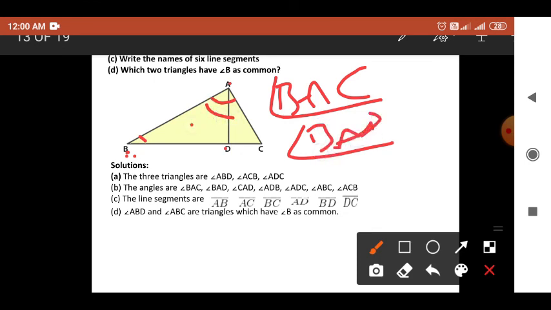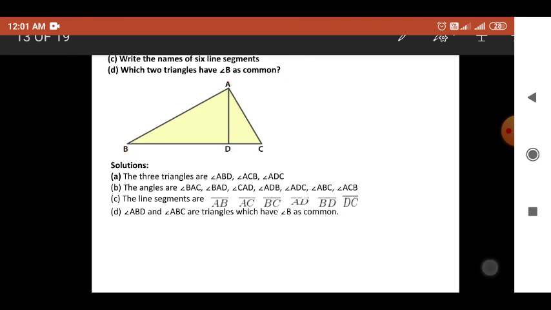If you take only triangle ADB, then BAD is one angle. And CAD is another angle. ADB, ADC, ABC and ACB are the angles.